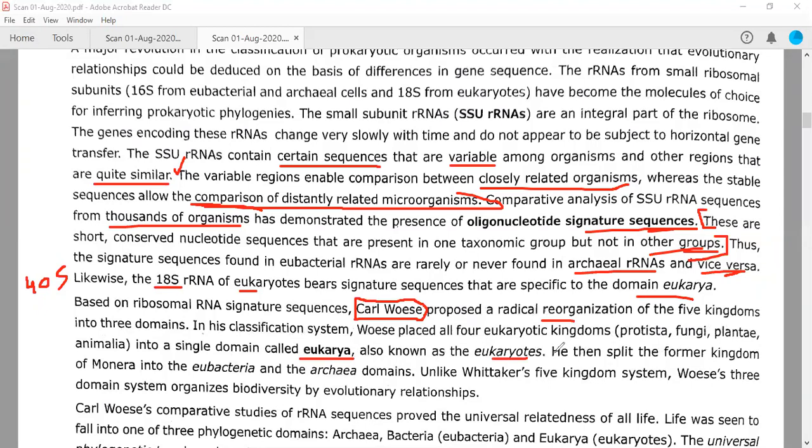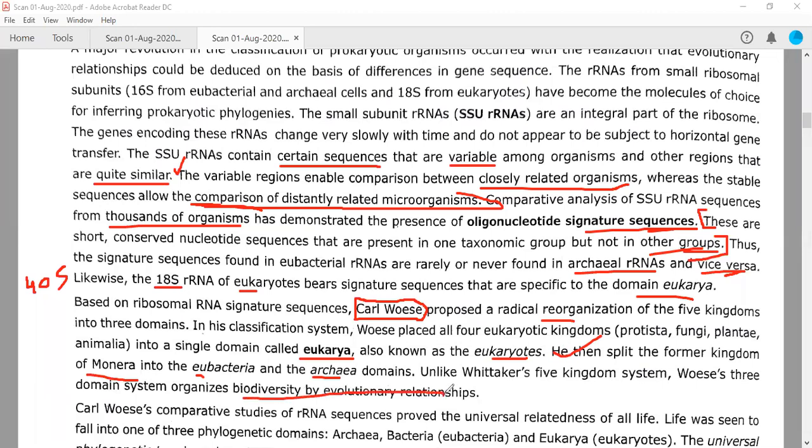And then he split the former kingdom Monera, as I told you already, into two groups, Eubacteria and Archaea, depending upon the differences in their 16S rRNA gene signature sequences.